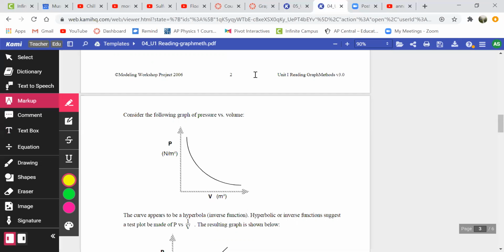So this is the very first thing they show you that is not a linear line, and it is an inverse relationship. You should recognize that, but if you don't, it simply states that as one variable goes up, so in this case volume, the other variable goes down. And inverse means that exact thing. As one goes up, the other goes down. So for instance, if you hold a product constant, then in multiplication, you have an inverse relationship between the two factors.